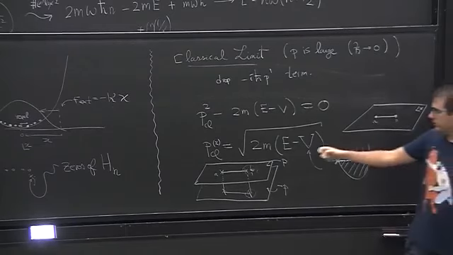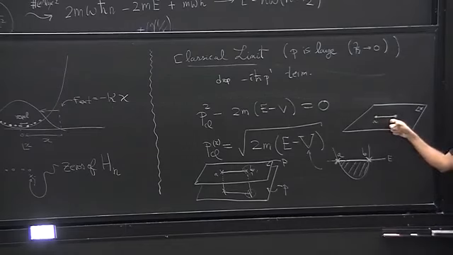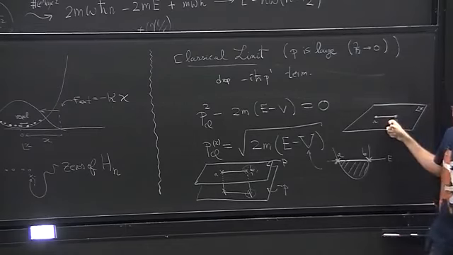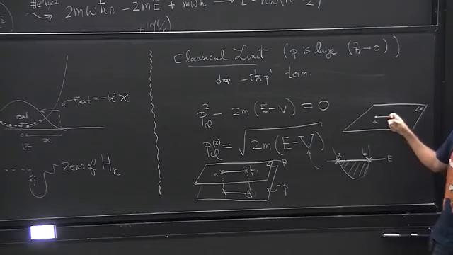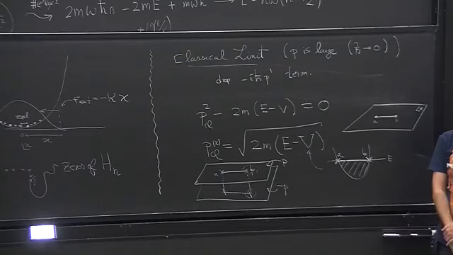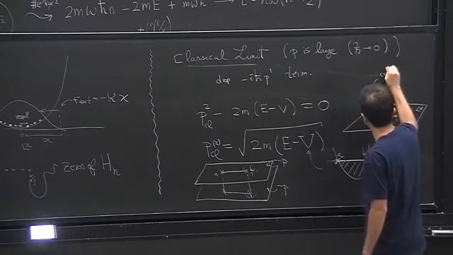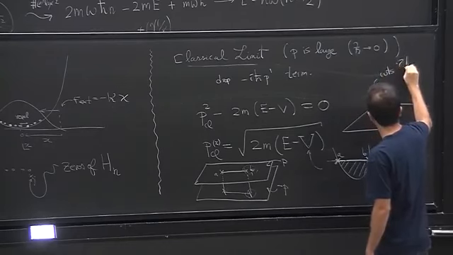And now P is this expression here, and it has this cut here. However, the correct P has no cuts. The correct P is a function which is meromorphic and which has poles. Right? So what's going on here? What are these cuts?